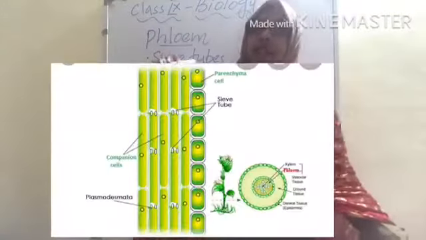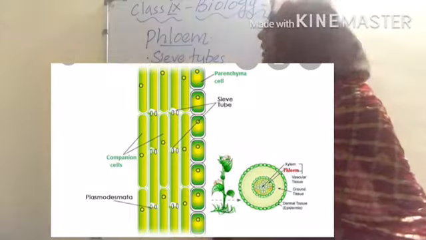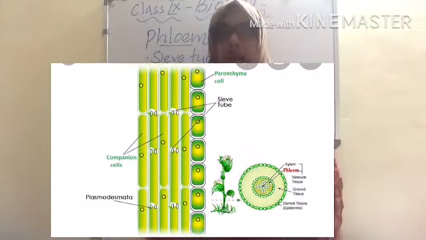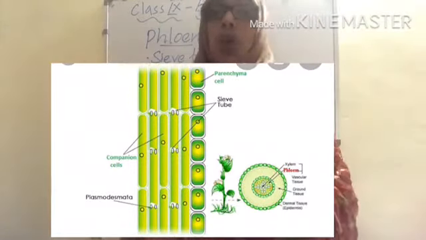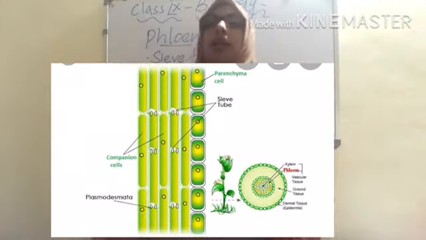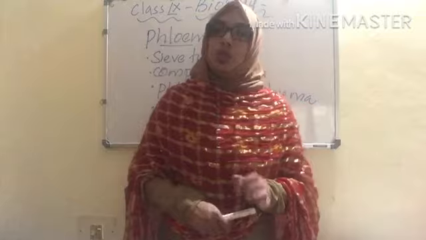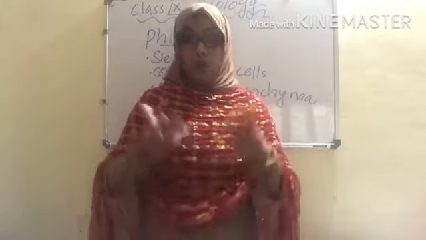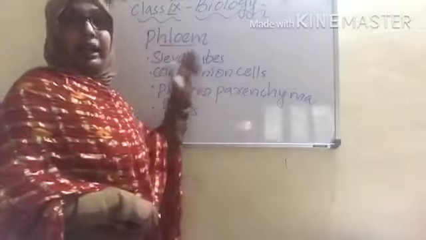The sieve tubes and companion cells are tubular in structure and also perforated in nature. Phloem parenchyma stores food. Unlike xylem, phloem can conduct food in all directions, isn't it?